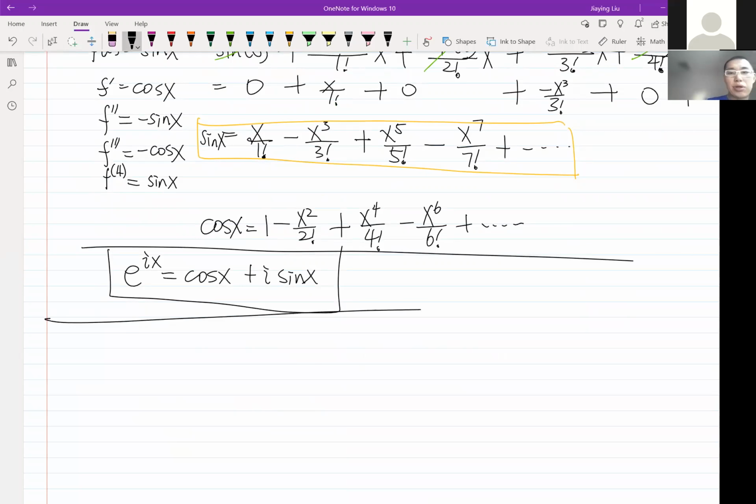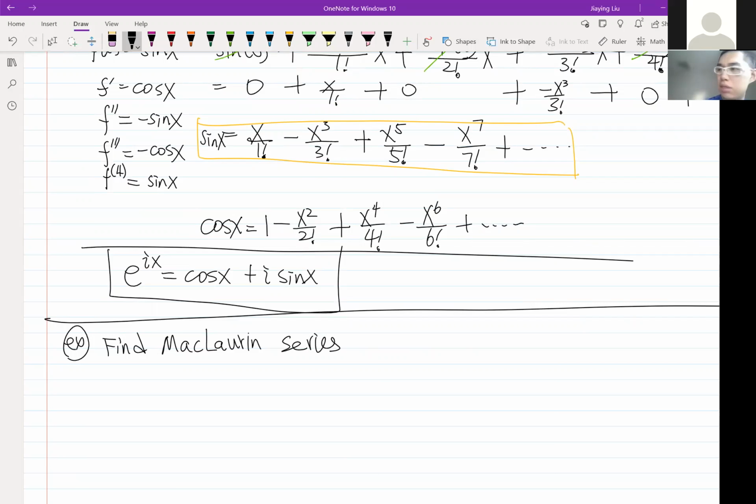All right, so let me do a quick example of another function, and then we can stop here. So find the Maclaurin series for f of x equals x times cosine x.